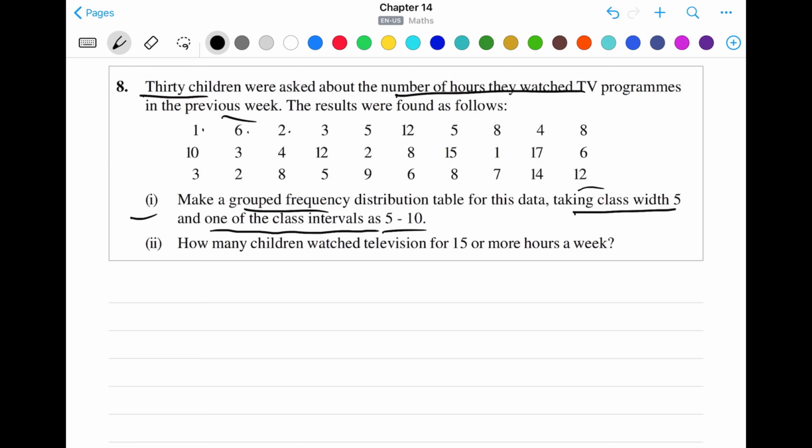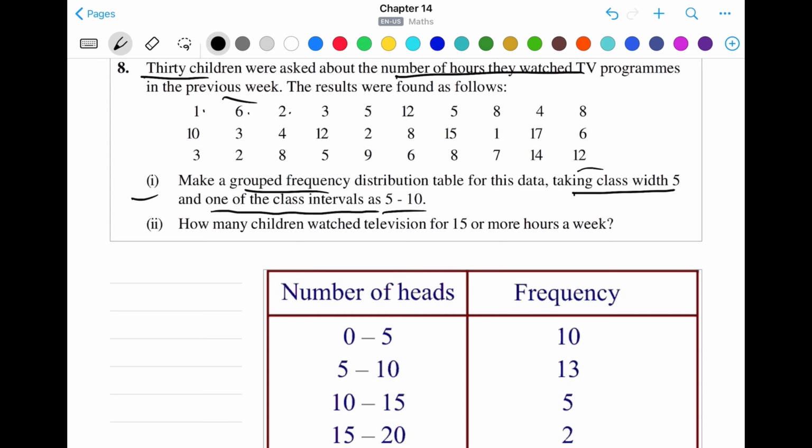So let's first do a group frequency distribution table. So that's the group frequency distribution table. We have taken the class width as 5 and one of the intervals, as you can see, is 5 to 10. Okay, so we have 0 to 5, 5 to 10, 10 to 15 and 15 to 20. The frequency of each we have noted down. 0 to 5 is 10, 5 to 10 is 13, 10 to 15 is 5 and 15 to 20 is 2.